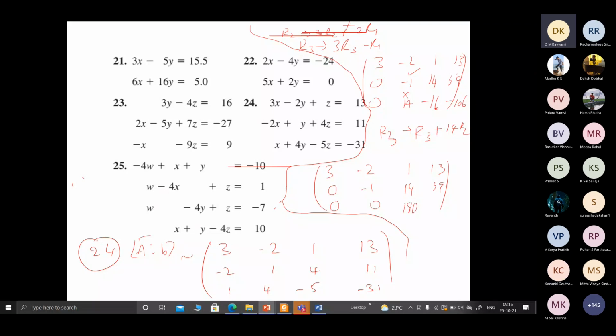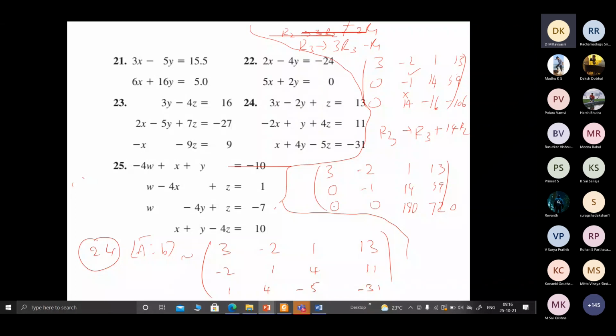Next, what about this? There's some big number here. Minus 106 plus 59 into 14. Tell me how much is that? 720. Good. That's it. So now the process is over.